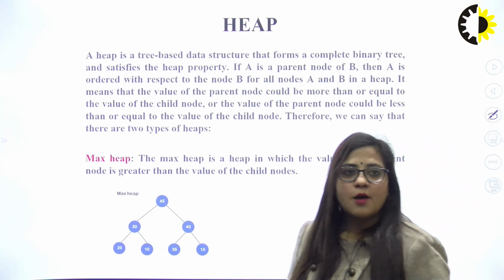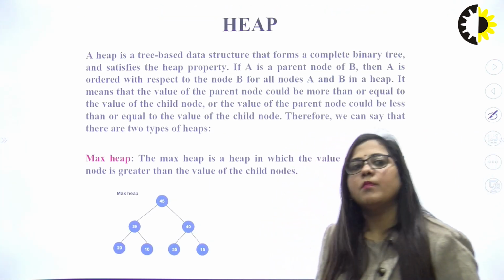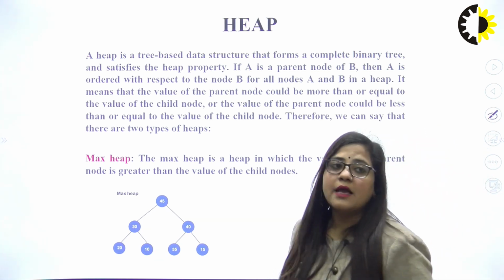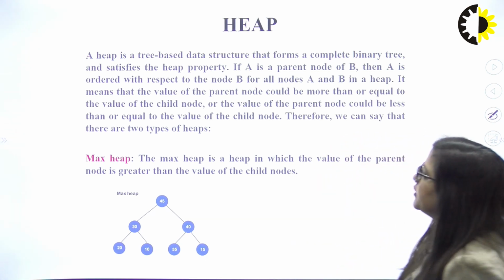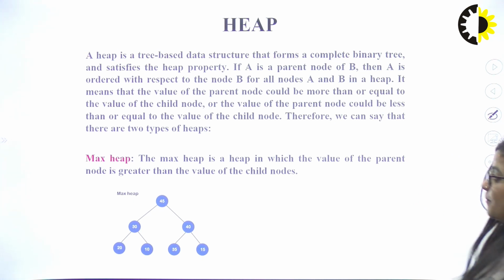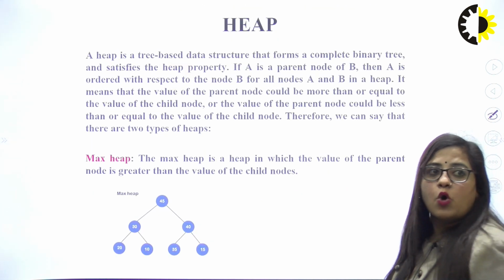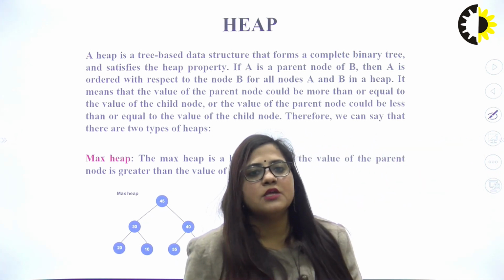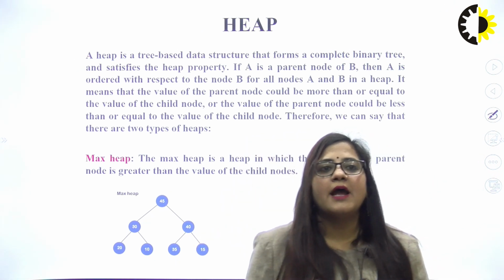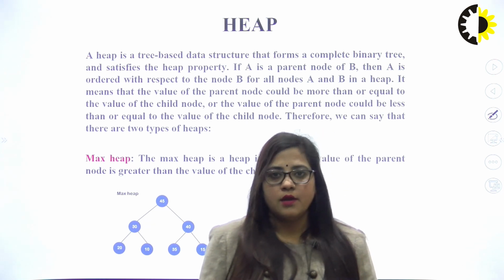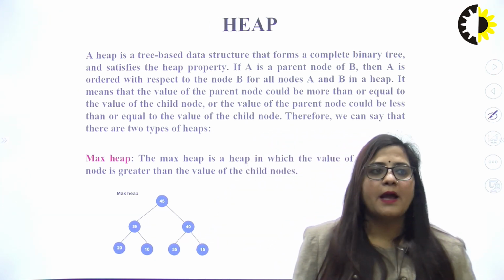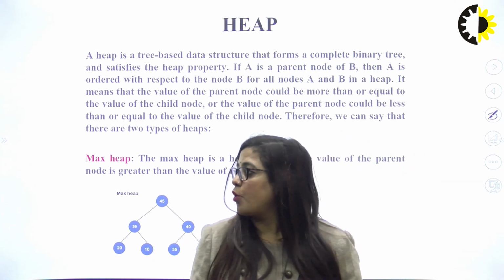Now the heap is an example of a priority queue here, because it is the best implementation according to time complexity. So what is a heap? A heap is a tree based data structure that forms a complete binary tree and satisfies the heap properties.